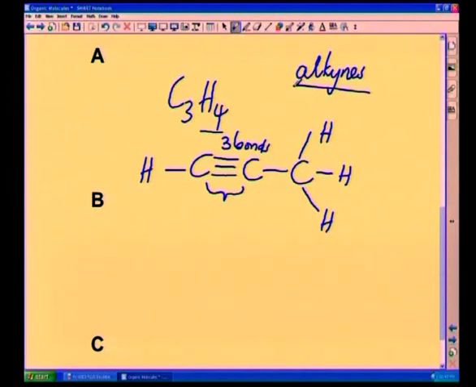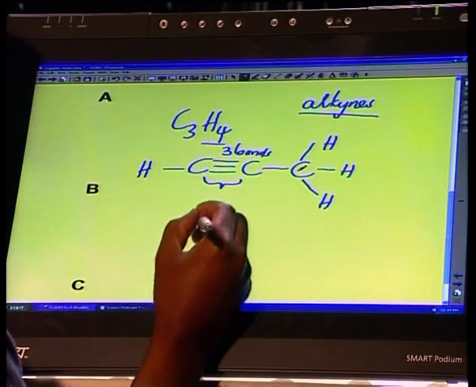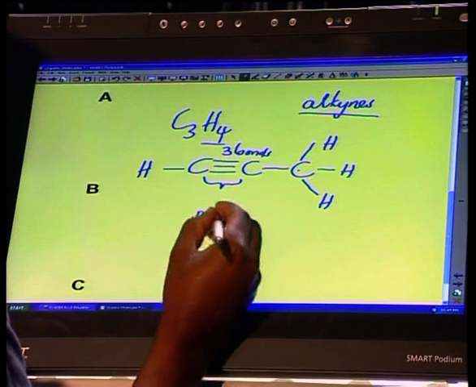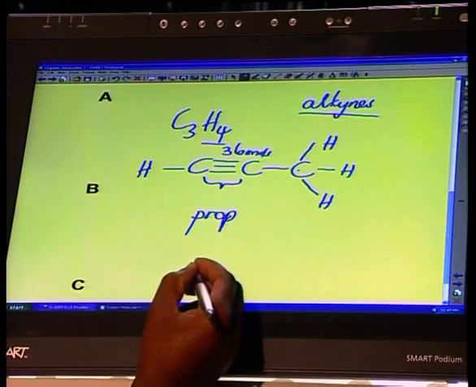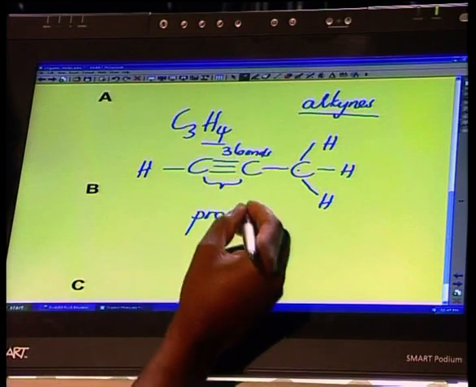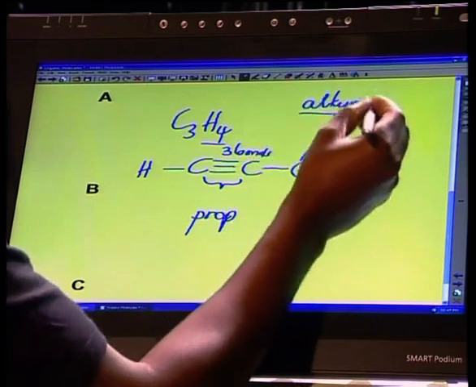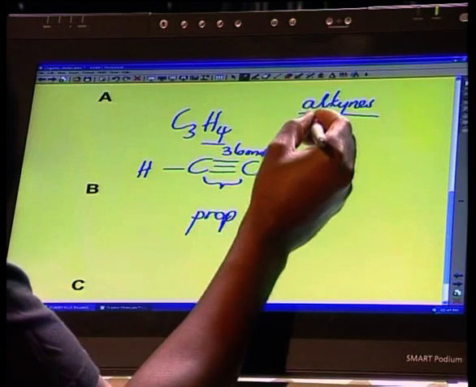But then, what is this molecule? The name of it. You have got 1, 2, 3 carbon atoms, so it will be prop. And the 3 bonds between carbon atoms tells me what kind of molecule it is.